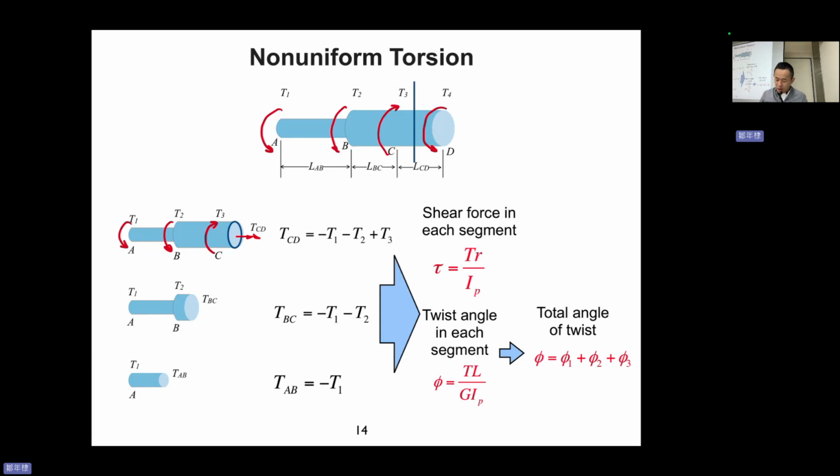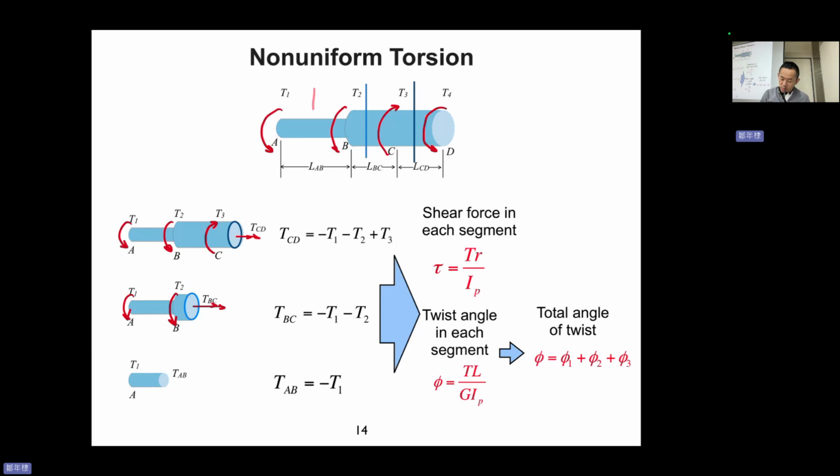Again, to look at the torsion inside the BC section, all you need to do is cut it, and you find that T2 is still there, T1 is still there, and your TBC is assumed to point to the right-hand side, so TBC equals minus T1 minus T2, no problem at all.